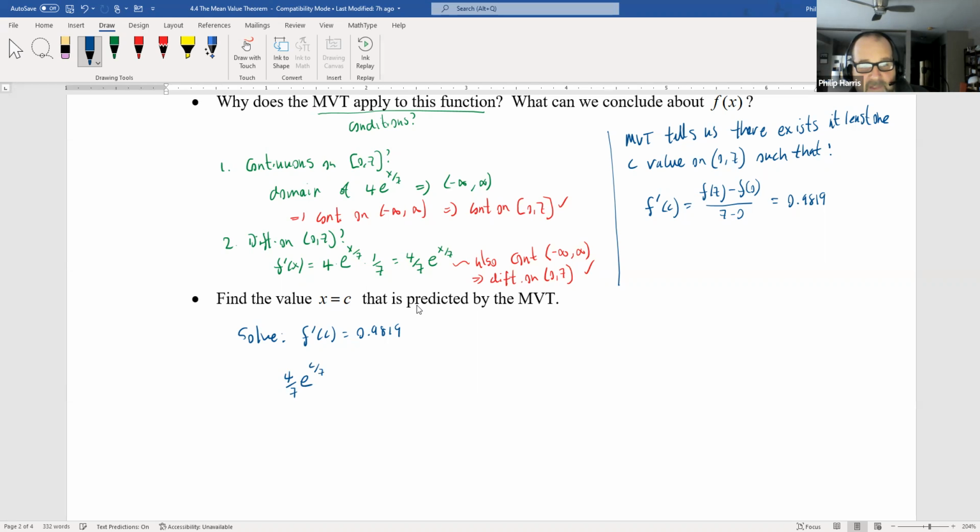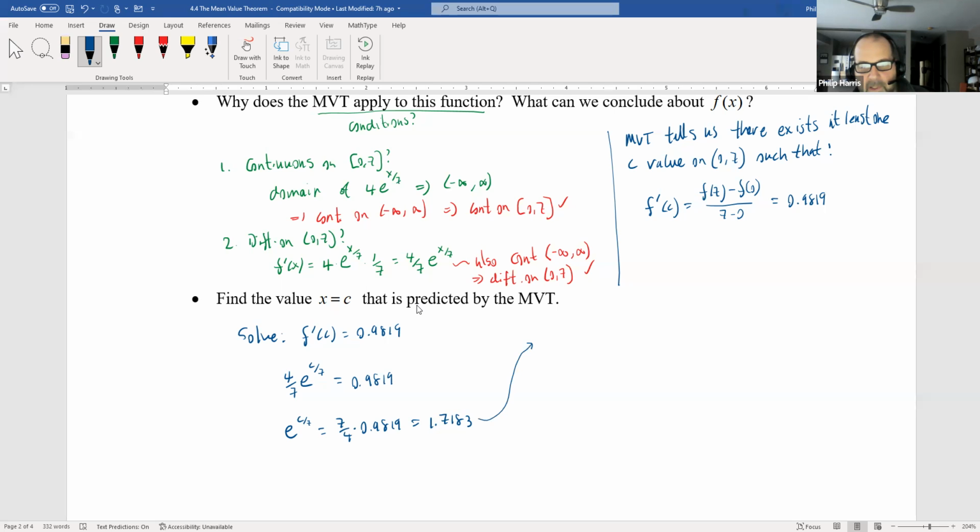That's f prime of c equals 0.9819, just using this decimal number to 4 places. So e to the c over 7 will be 7/4 times 0.9819. I think you'll find I evaluated that to be 1.7183.